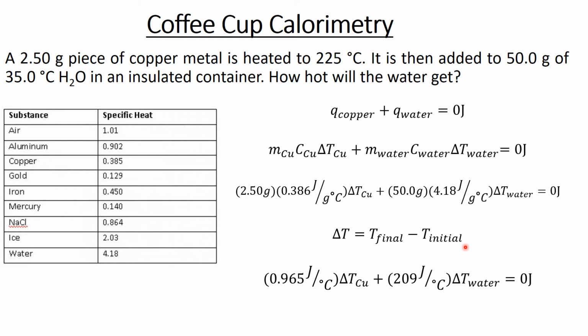So just before I substitute in this formula, let's just do a little cleaning up here. If you multiply 2.5 times 0.386, you get 0.965 joules per degree Celsius. As you can see here, the grams cancel out, so I don't need that unit anymore. Grams divided by grams is 1. And likewise, grams divided by grams is 1. And if I multiply 50 times 4.18, I'm going to get 209 joules per degree Celsius.